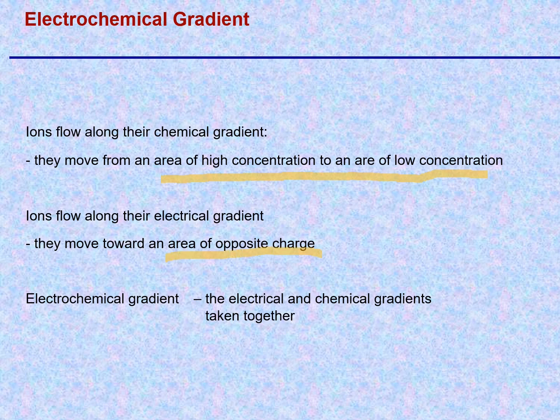So the key factor is the electrochemical gradient, made up of the electrical gradient and the chemical gradient, the concentration gradient. These two act together. They have to be considered together when you think about whether an ion will or can move. And of course, it also depends on whether channels are open or not.